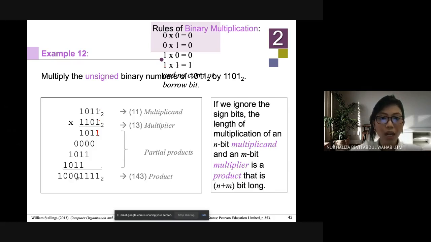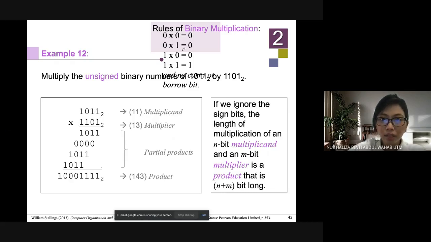So sama juga macam matematik biasa. Same operation. So 1 multiple 1, you dapat 1. 1 multiple 1 lagi, kan, dia macam ni. So 1 darab 1 you dapat 1 lagi.